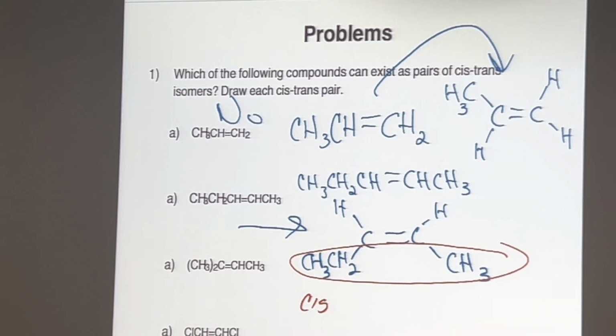So we have cis, and we'd go, okay, I need to number this thing, and I want to keep the double bond having the lowest number possible. So am I numbering forwards or backwards on this one? So you want 1, 2, 3, 4, 5. Do you guys see why I numbered backwards on that one?